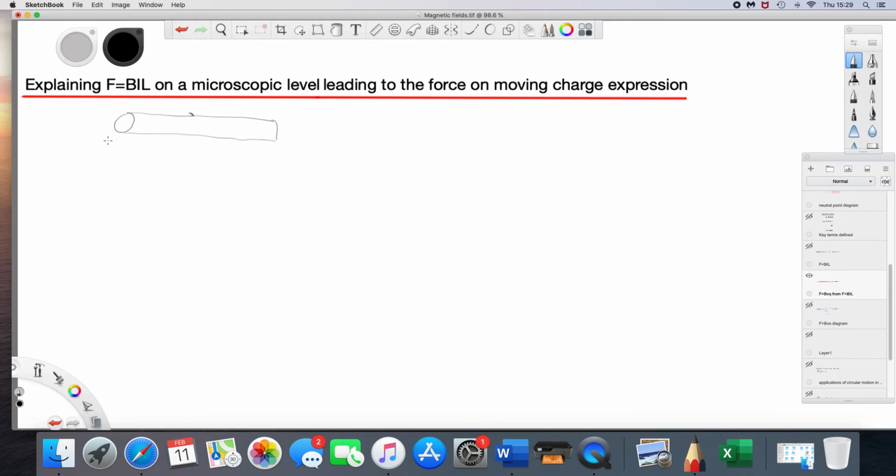And let's say we have a cross-sectional area A, and we'll take a section of this conductor between X and Y. Now, let's say that the electrons are moving with a speed v meters per second.